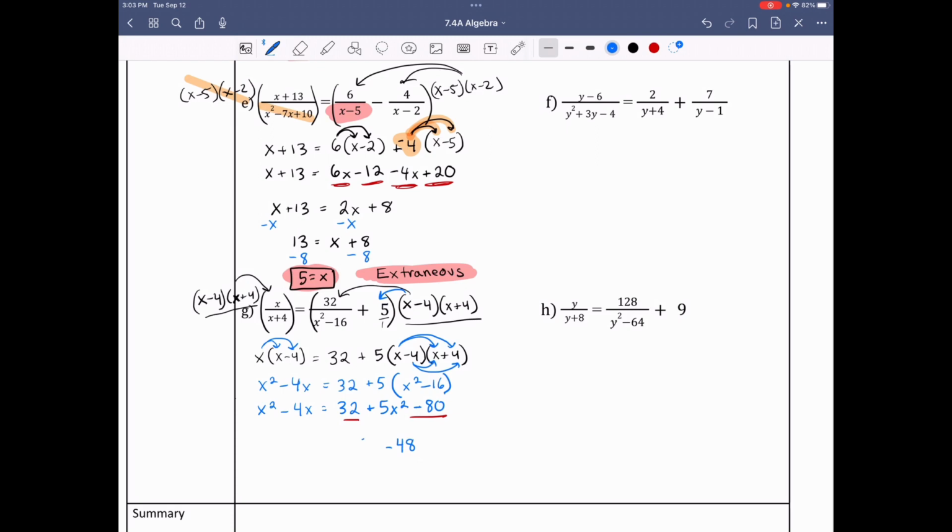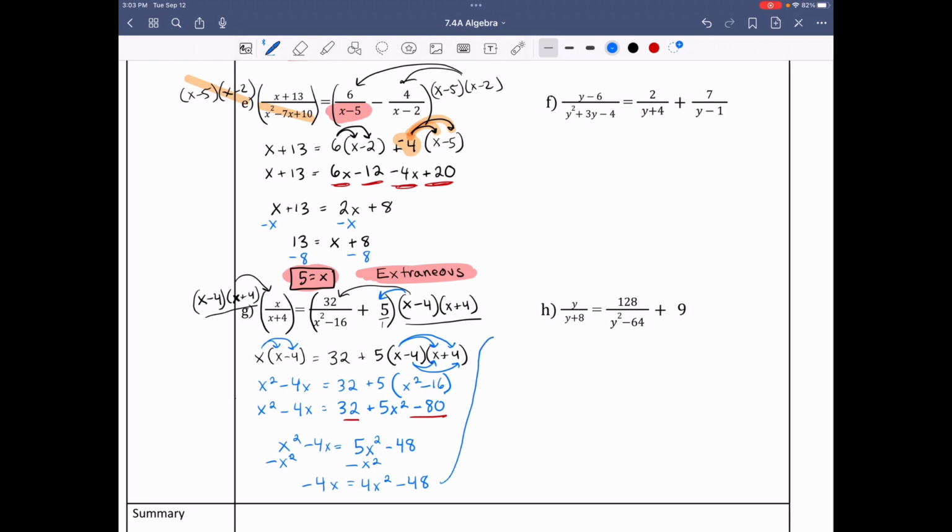And then I'll bring down the 5x squared in front, equals x squared minus 4x. Now I'm going to get everything on one side to see if I can factor. So I'll just subtract the x squared, it makes it a little easier. And then we get negative 4x equals 4x squared minus 48.